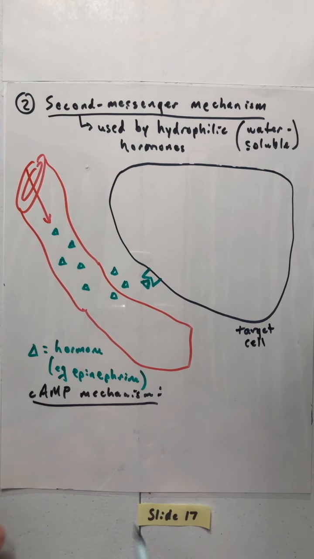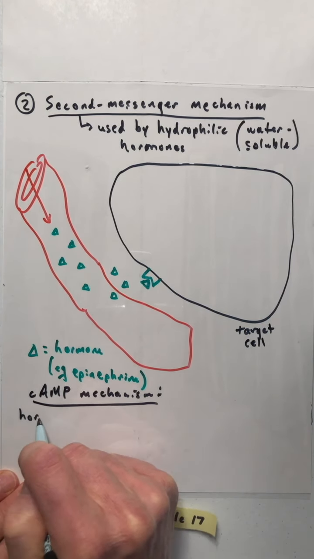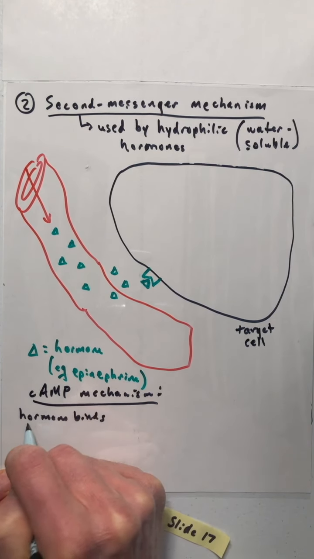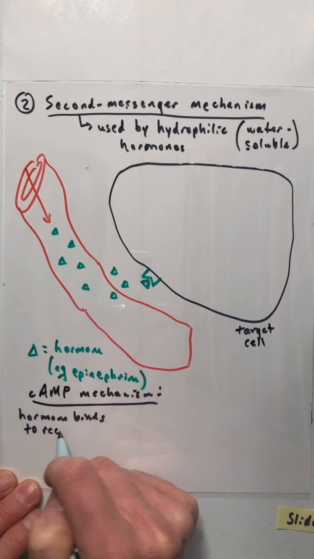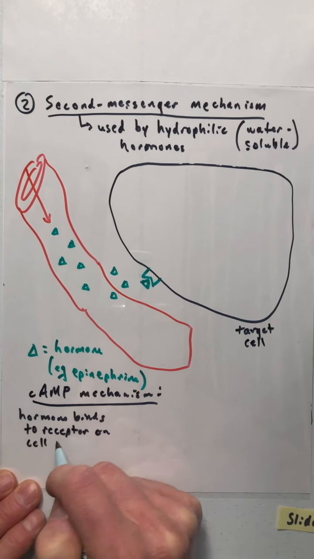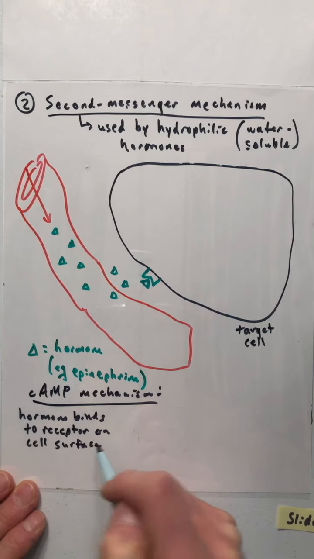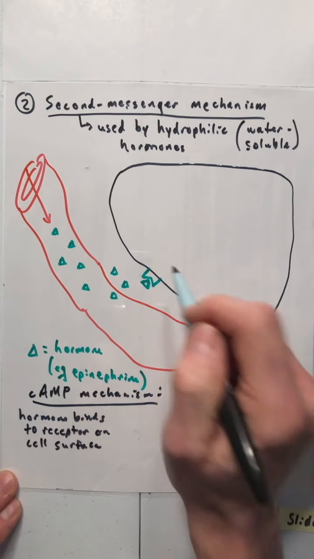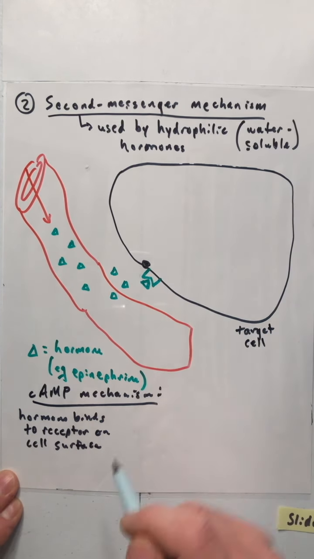So what happens here? Well, the hormone binds to a receptor on a cell surface, and that initiates a cascade of events. First of all, there's a regulatory G protein right next to the receptor.